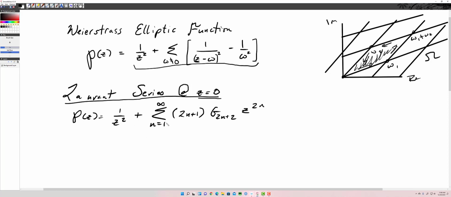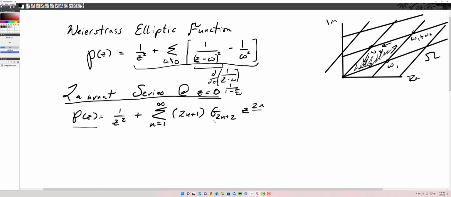And we can find this just by recognizing that this right here is pretty close to a derivative of this geometric series, which we can actually consolidate into something that looks like this. Then we expand that, collect our terms, and recognize that P of z is an even function, so we should only have even integers for our exponents there.